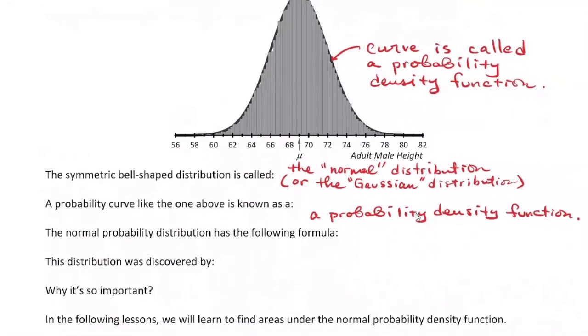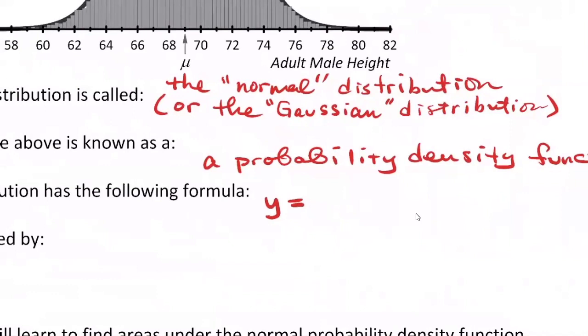It asks for the formula here. I'm going to give you the formula, but we'll never use it, so don't panic. Okay, so it's y equals e to the negative 1/2 times (x minus mu over sigma) squared, over sigma times the square root of 2 pi.